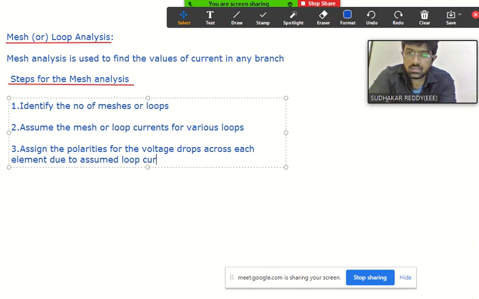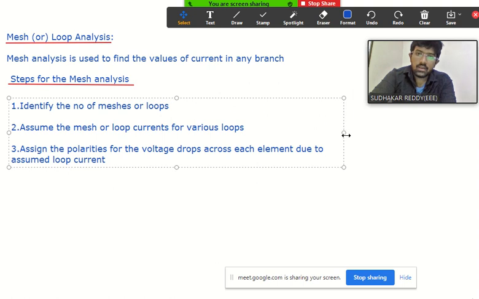So now we are assigning the polarities based on our assumed loop currents only, right?